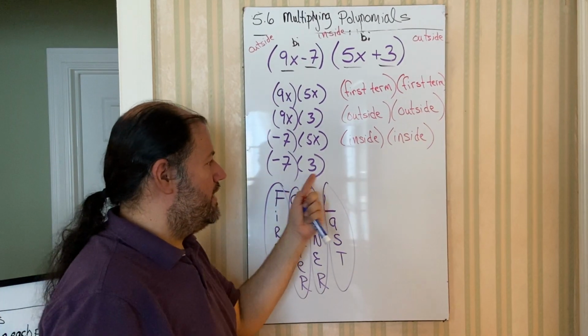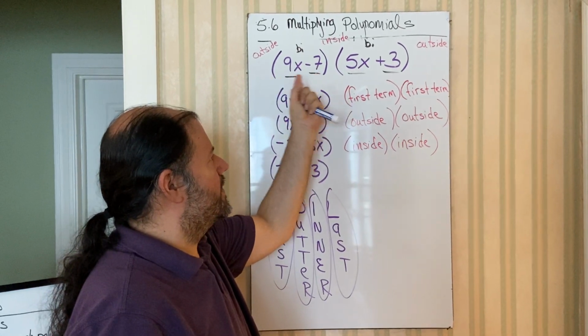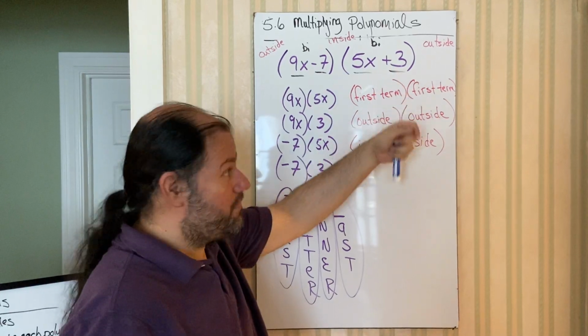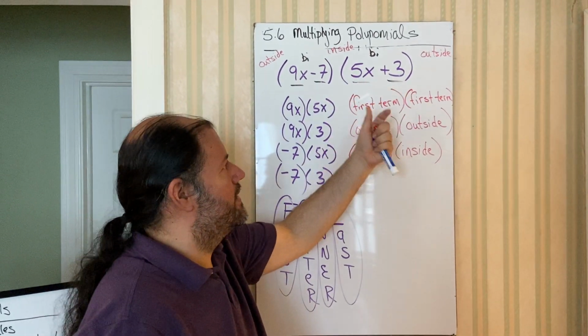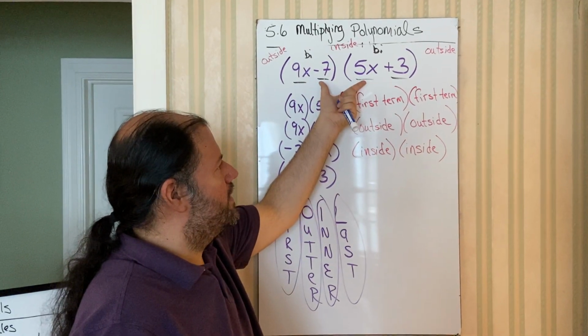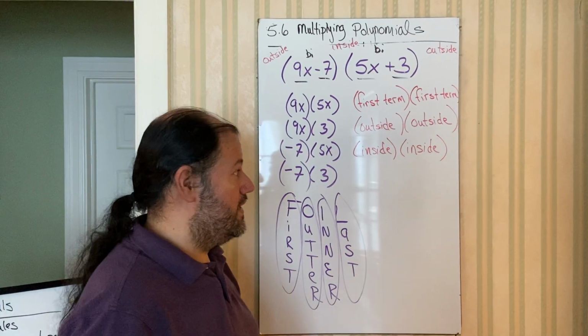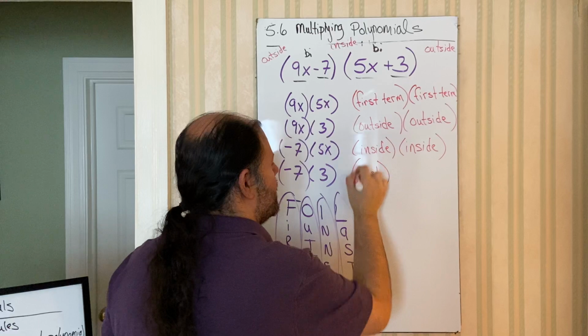And then how do they do these? It's the last term in this binomial, remember? And the last term in this one. So they considered first, last, first, last. So the two that are in the middle, those are my inners. The two on the outside edges, they're considered outer. So last was last.